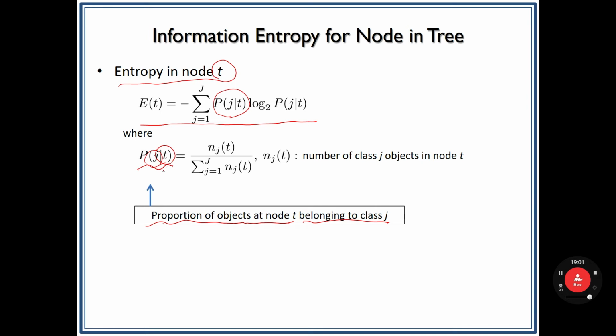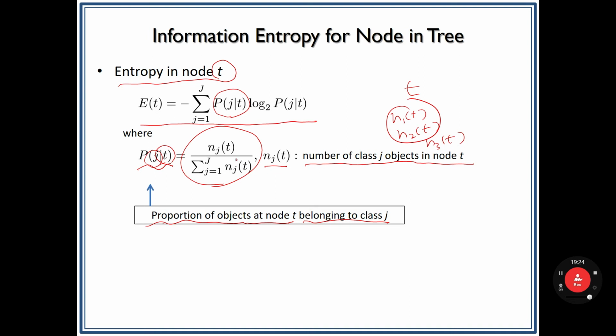That is computed by this formula, where n sub jt is the number of class J objects in node T. So in a node T, n1T is the number of class 1 objects, n2T is class 2 objects, n3T is class 3 objects, and so on.